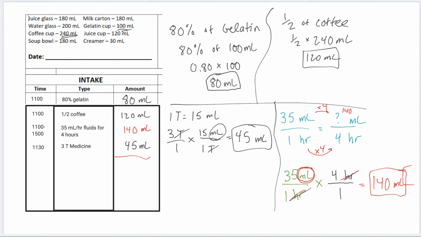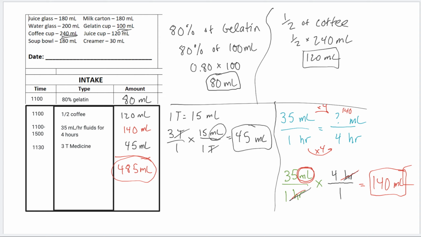And now I'm going to go ahead and add all those up. I don't think I need a calculator here. 80 and 120 is 200. 140 and 45 is 285. So assuming I did that right, that would be 485 mLs. I am just going to put that in my calculator because I want to be 100% sure.